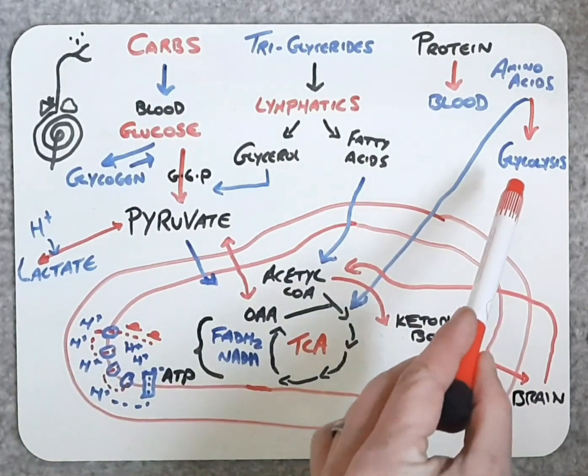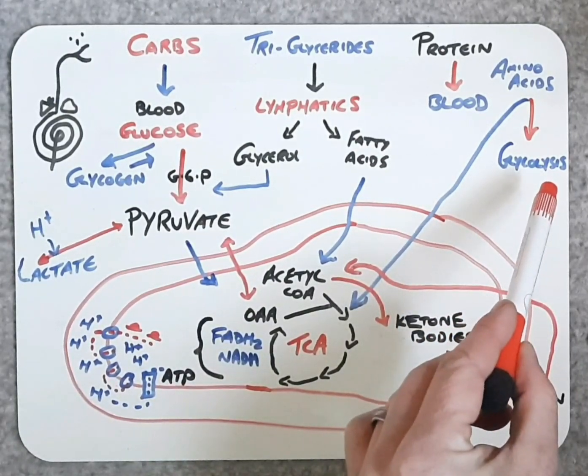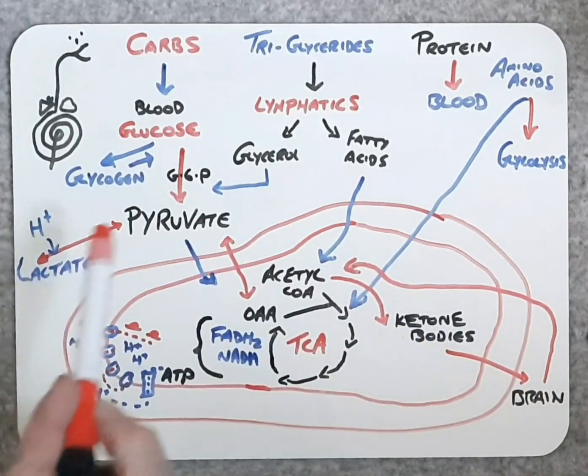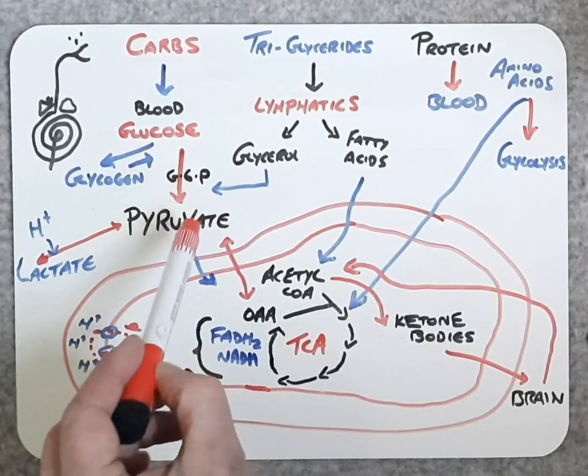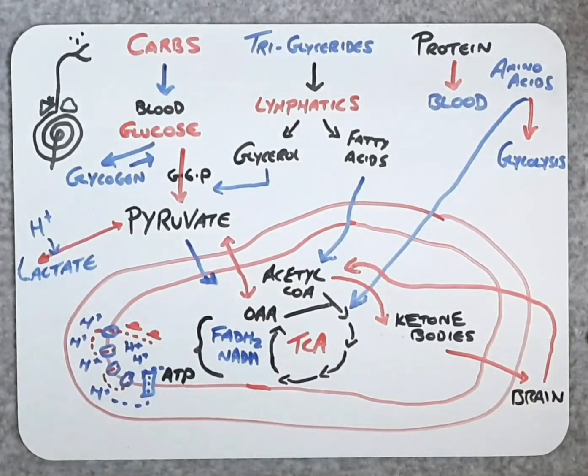And also some amino acids undergo glycolysis, jump into glucose 6-phosphate, turn into pyruvate, and away we go again. So fats and proteins kind of already have energy covered.